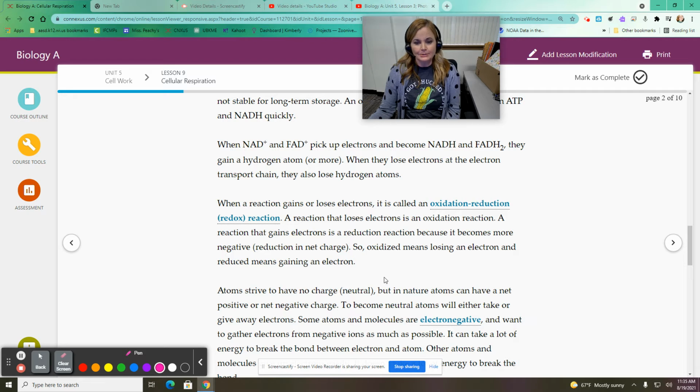And then it goes into another type of reaction called an oxidation reduction reaction. This is a type of reaction that occurs when electrons are either gained or lost. So a reaction that loses electrons is called an oxidation reaction. A reaction that gains electrons is called a reduction reaction. So it's either oxidation or reduction.